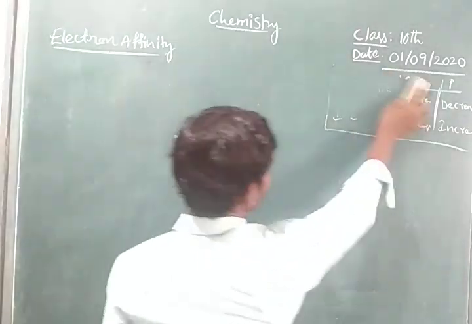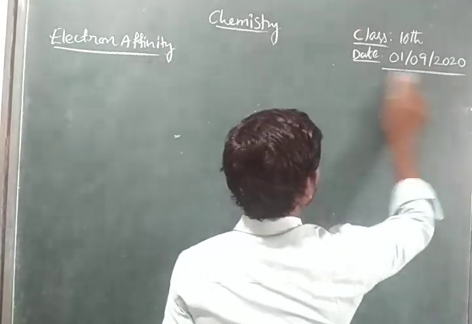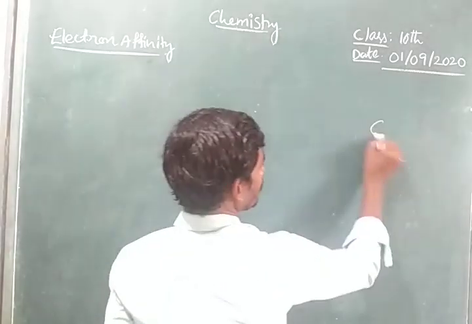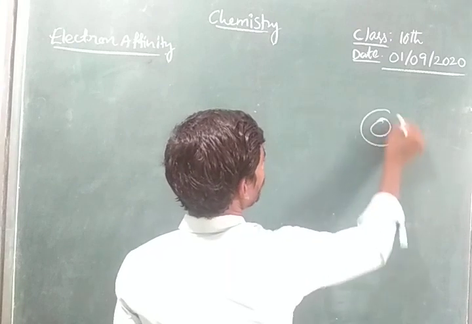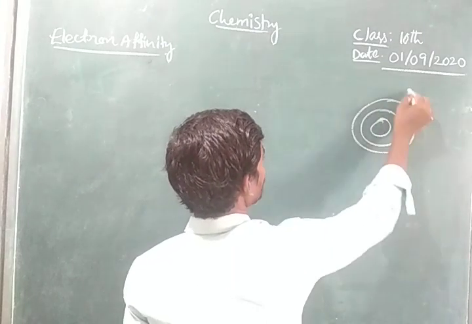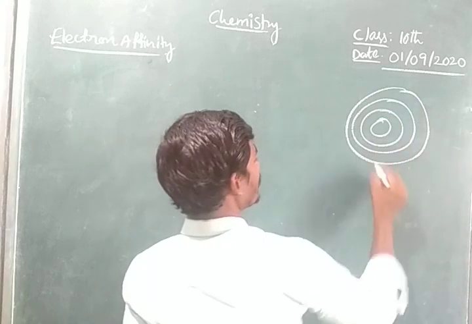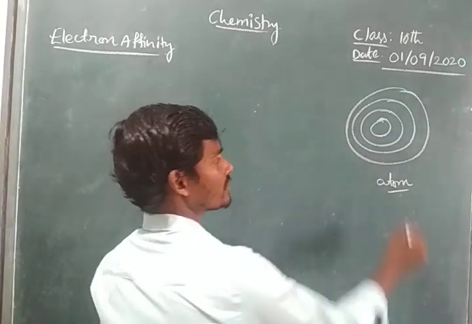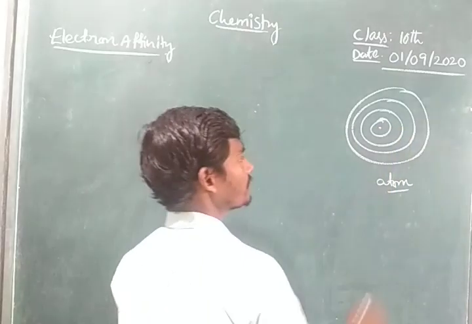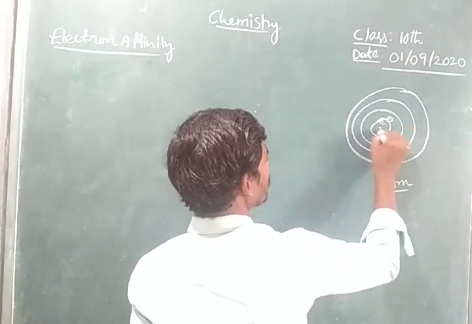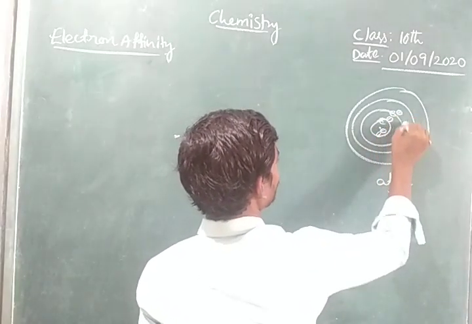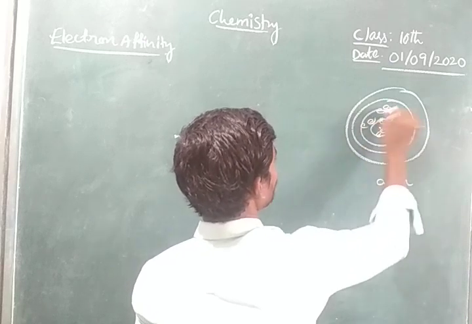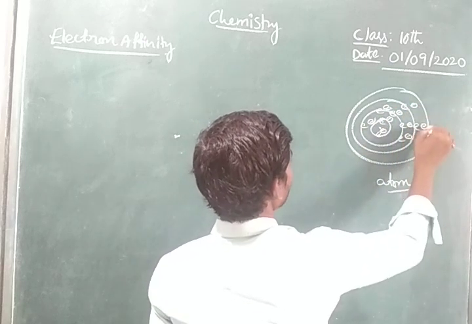Suppose we consider one of the atoms, here in the gaseous state. This is the center of the atom, the nucleus, and some electrons are present in the atom. These electrons revolve around the nucleus, right children?